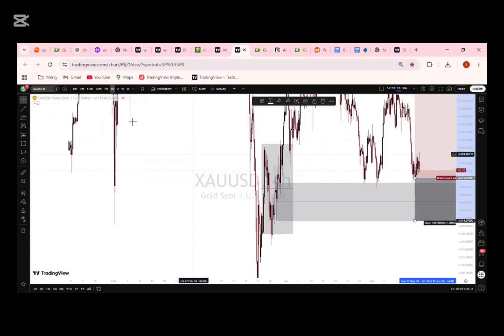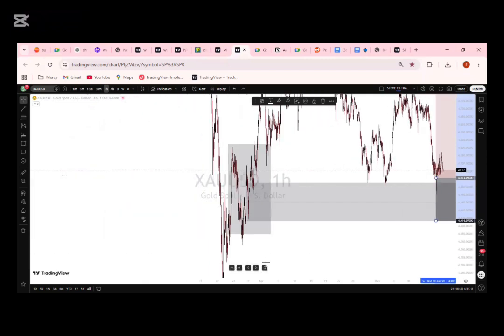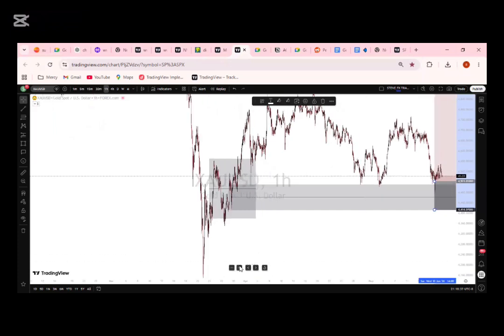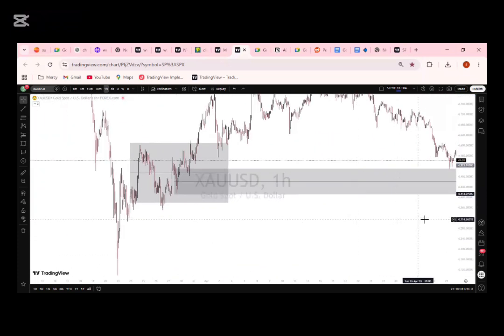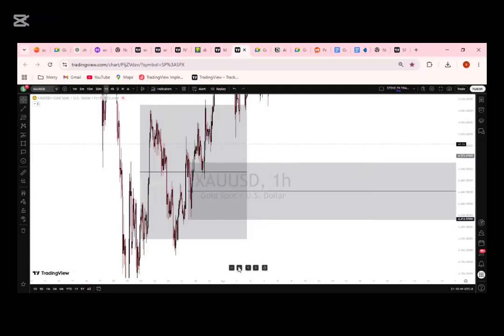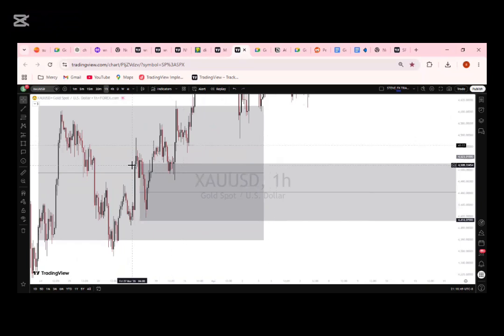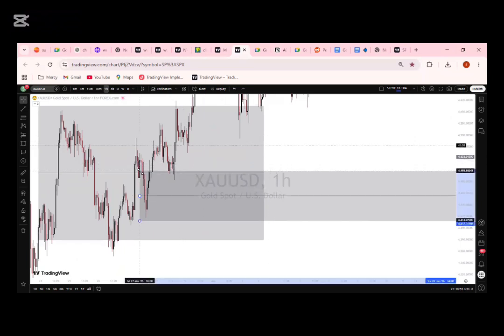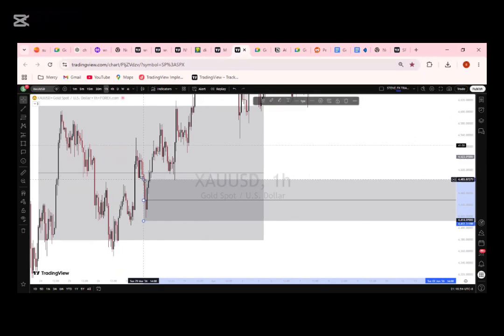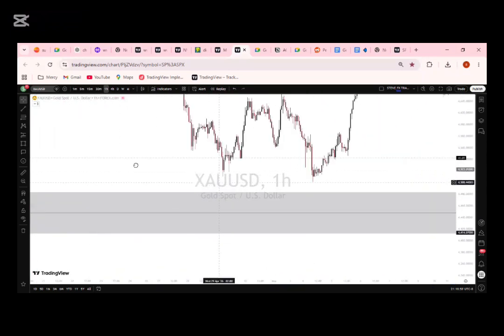In the same way, we can switch to our 1 hour time frame just to see if we can still refine our order block so that we can improve our trade. When we come to the 1 hour time frame, we can see that we have something like this over here. Let's see if the market actually triggered that point.